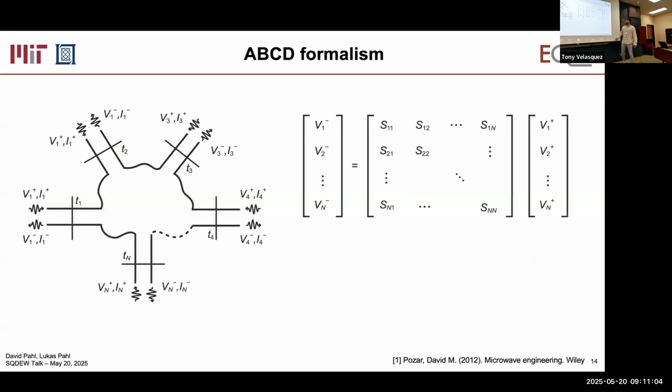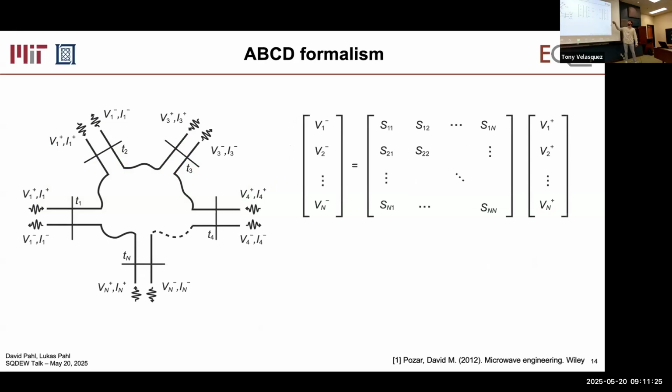So in general, a complicated device has a lot of electric waves going in and out, voltage waves and current waves in our case. We can model it as an N-port network. And there's all these inputs and outputs. And you've seen maybe yesterday already these S parameters.